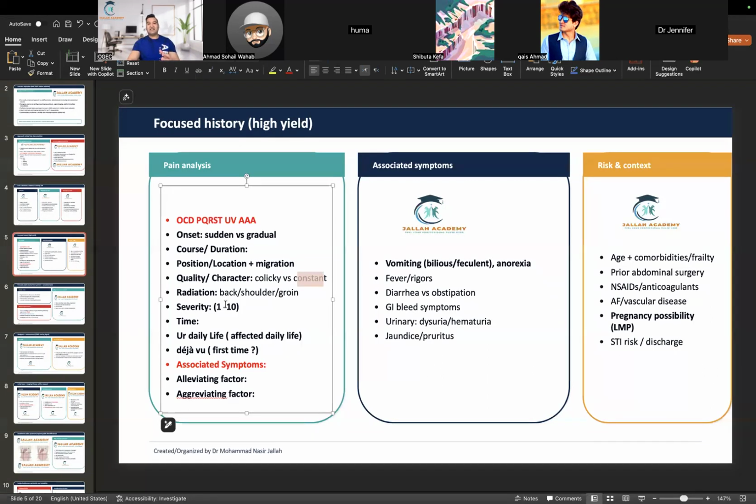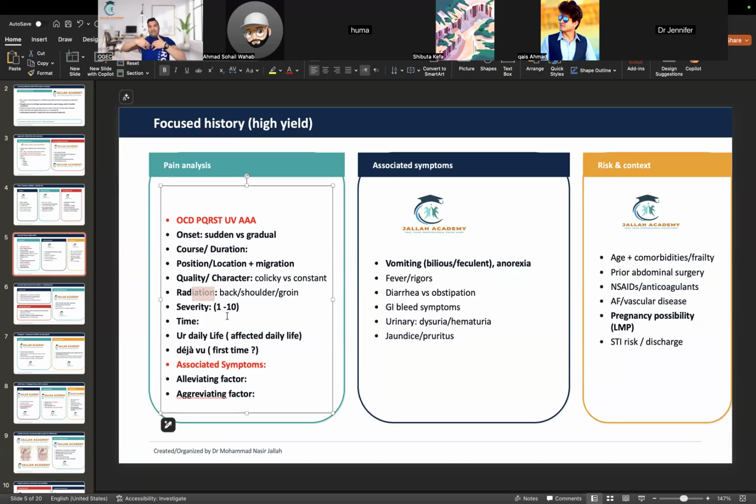These are the most important points that you cannot miss when you're taking history. If you miss them, you're going after the wrong diagnosis, or you will have a wrong diagnosis at the end. So radiation: back, shoulder, groin. For example, if abdominal pain radiates to the back, we usually think about pancreatitis. If it is pain in the right upper quadrant radiating to the right shoulder, it is acute cholecystitis. If it happens on the left side, it is usually spleen, or pancreatitis again.